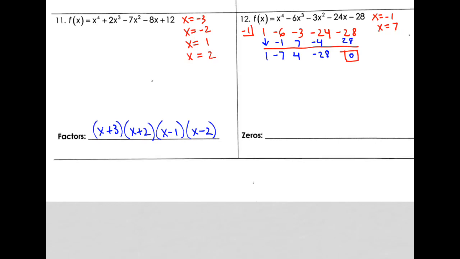All right. We have another 0 that we're working with. So let's do 7 here. One drops.